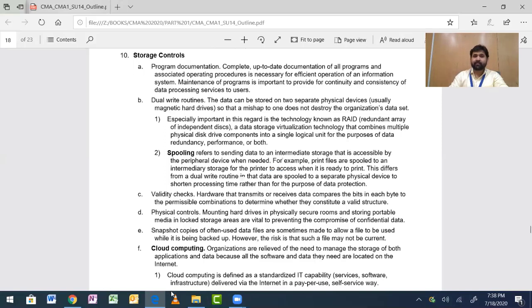For example, print files are spooled to an intermediary storage for the printer to access when it is ready to print.